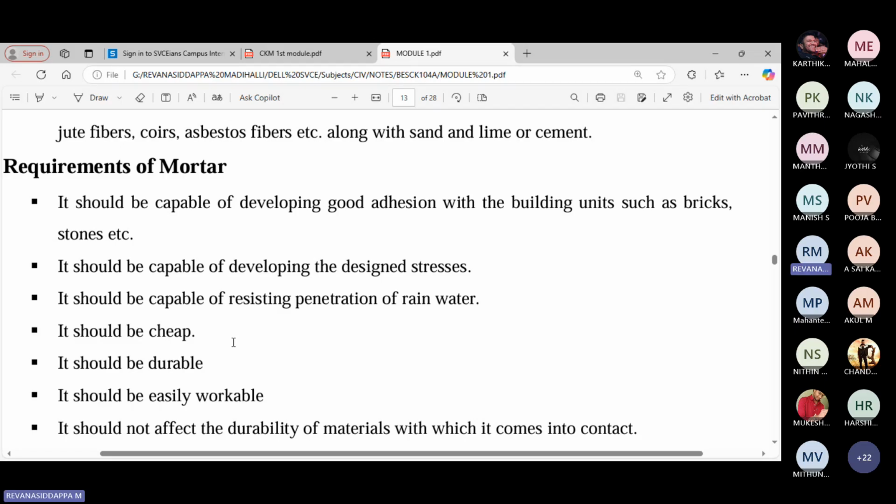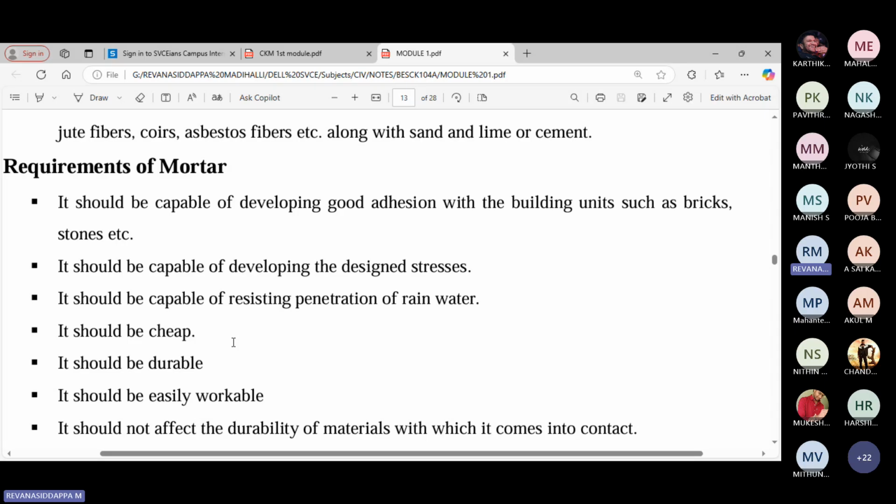Then the second requirement is it should be capable of developing designed stresses. Designed stresses means it should be capable of handling all the calculated load that is acting on it. If you are constructing a masonry, some kind of load will be acting over it.